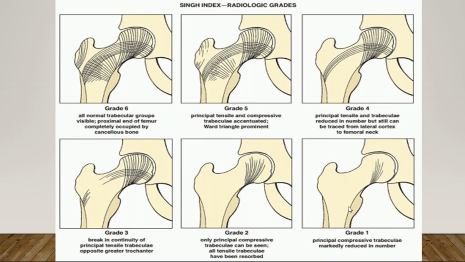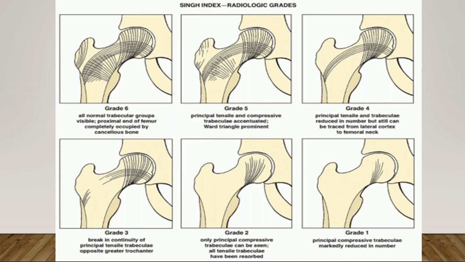In grade 1, only the principal compressive trabeculae can be seen, and all other trabeculae are gradually reduced. Just remember, the index for osteoporosis is the Singh index, based on the trabecular pattern seen on plain X-ray, not on CT or MRI.